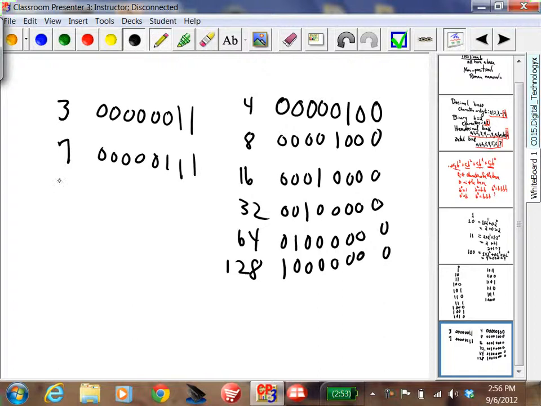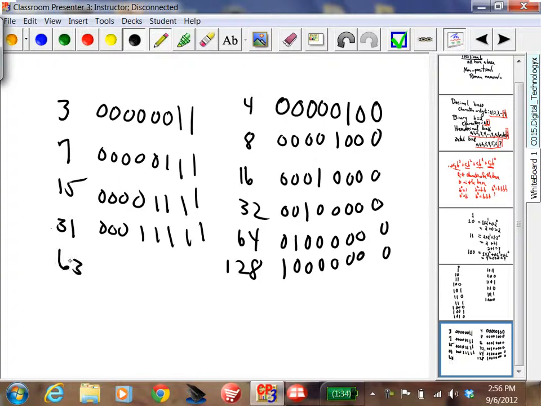How do you store 15? How do you store 31? How do you store 63? How do you store 127?